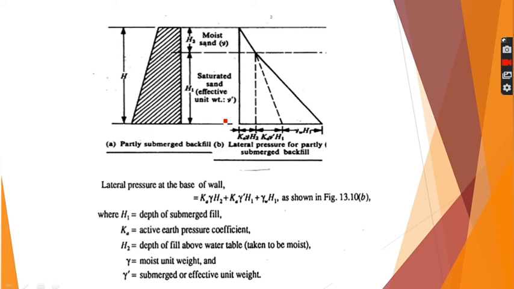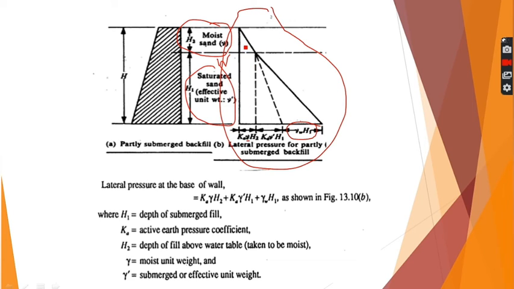As this is the saturated sand, the value of earth pressure will be Ka gamma dash into H1 for this particular portion, and in this portion we have water also, pore water pressure, so gamma W into H1. In this portion we have no water, so we will just have the dry unit weight, that is gamma, or moist unit weight, which might have been given in the problem. So you will get this lateral earth pressure diagram, which is not at all a simple triangle.